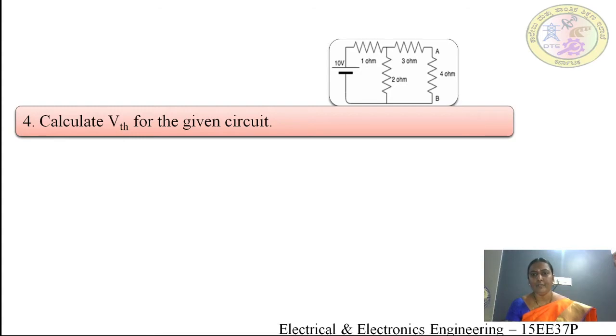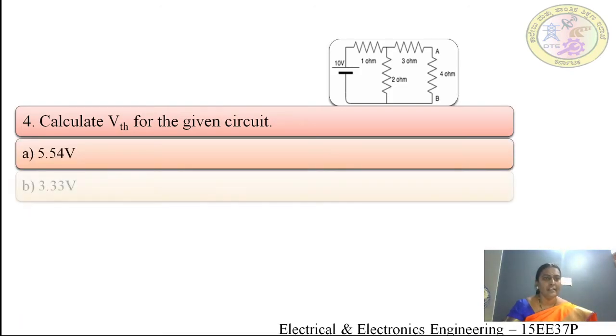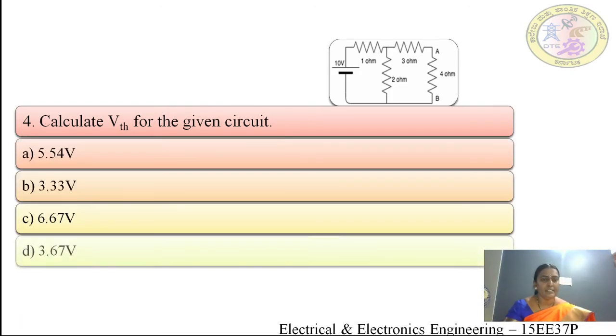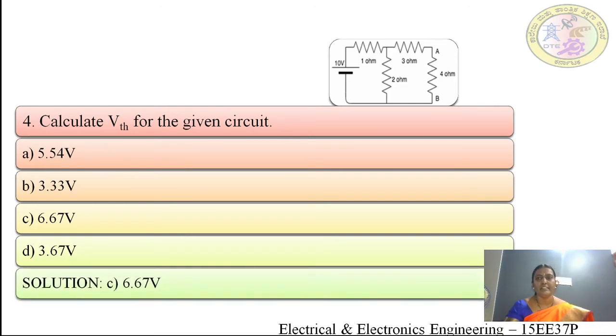Therefore, the current flowing through the circuit is 10 divided by 3, that is equal to 3.33. Then the Thevenin's voltage is the voltage across the 2 ohm resistor, that is 2 into 3.33, which is 6.66. The answer is 6.67.